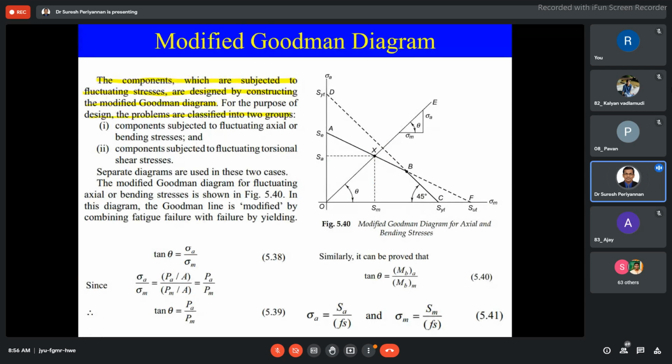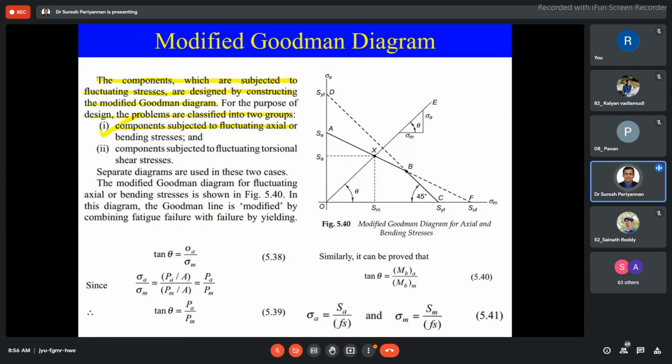The first is components subjected to fluctuating axial or bending loads or bending stress. The second is components subjected to fluctuating torsional stresses. First, we discuss the first case.